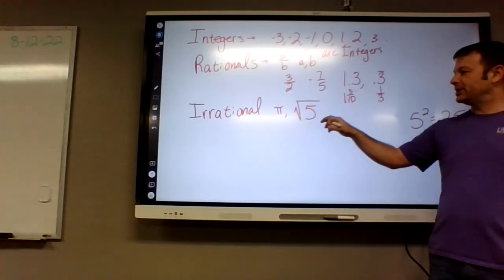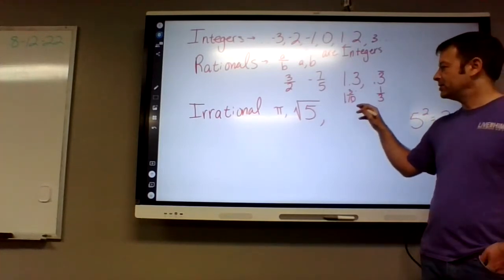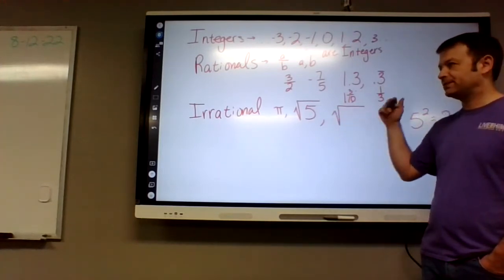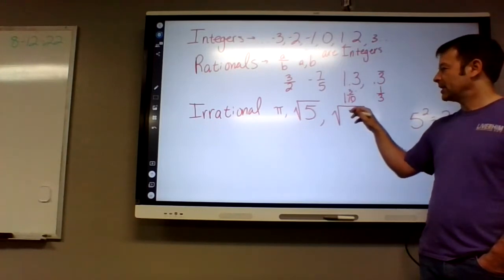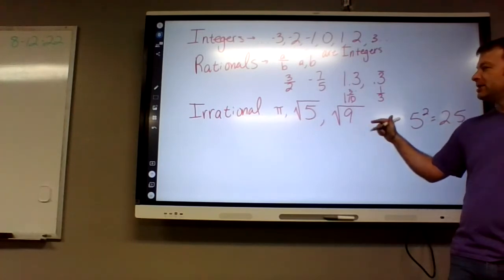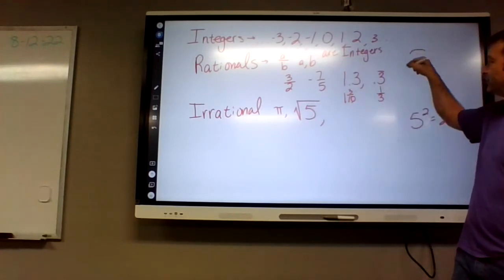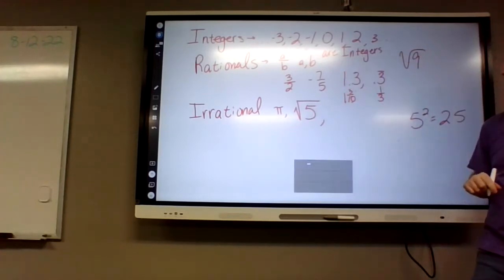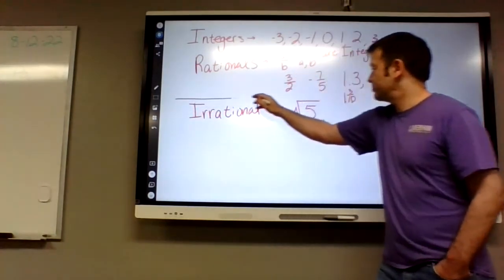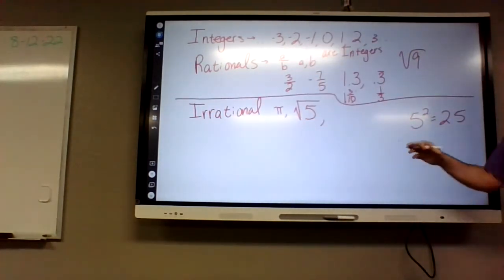It's really weird. And actually, most square roots are really weird. How about square root of 9? What's that equal to? 3. So since it's just 3, square root of 9 would go up here in the rationals. How about square root of 10?